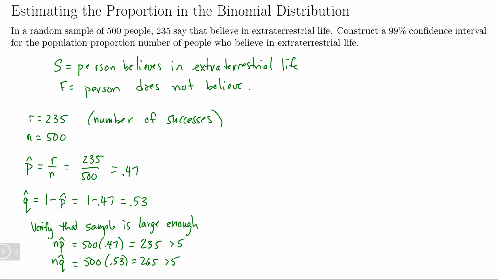So we need to calculate the error. The error is calculated by using the z-score for the 99% confidence interval times the square root of p hat times q hat divided by n. Before we can calculate this, we need the critical value for a 99% confidence interval.